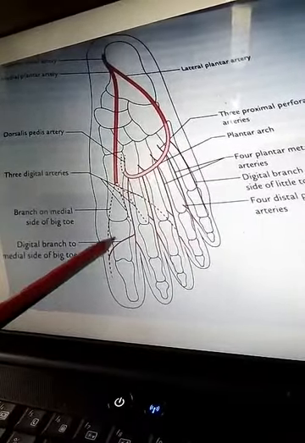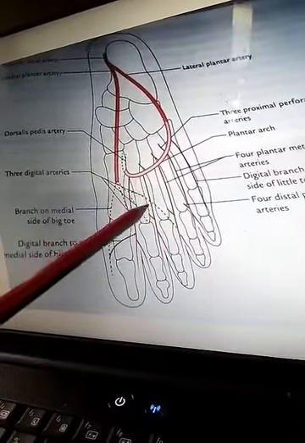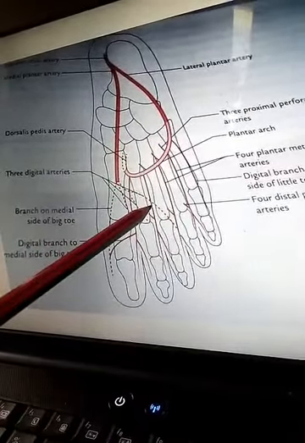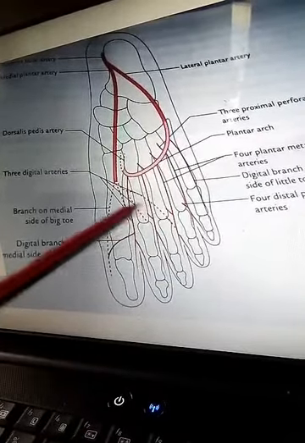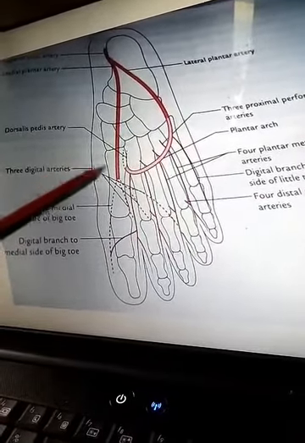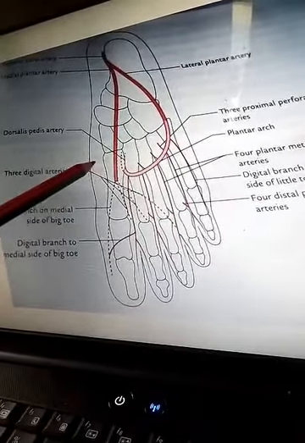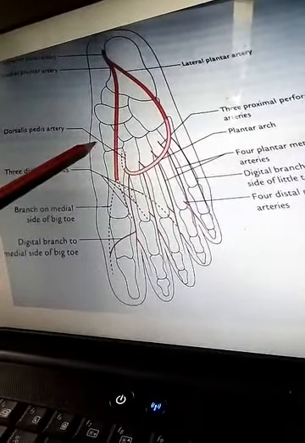A large branch which splits into three superficial digital branches and anastomoses with the first to third plantar metatarsal arteries. It gives muscular branches to the adjoining muscles, cutaneous branches to the medial side of the sole, and digital arteries.